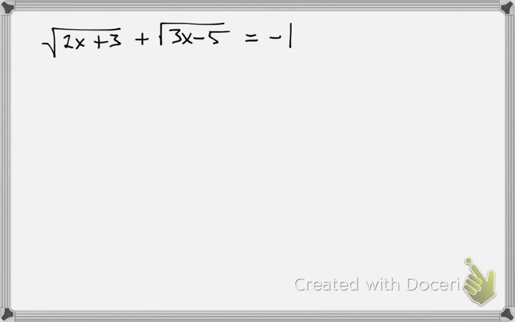Let us say that the square root of 2x plus 3 and the square root of 3x minus 5 added together equals negative 1.